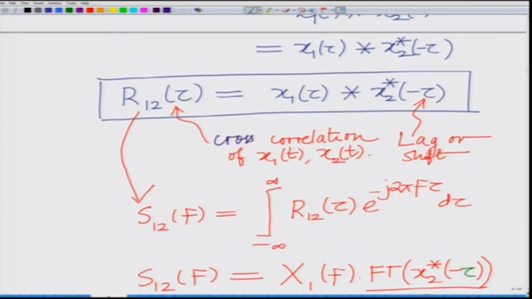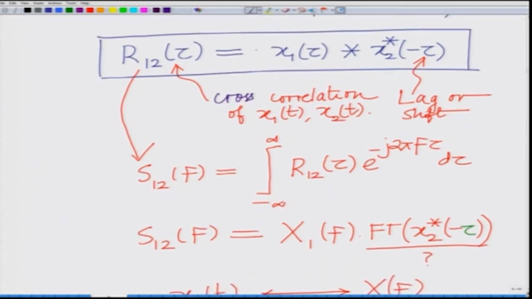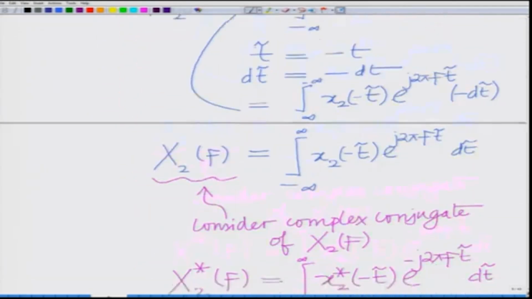We are considering two different signals x1(t) and x2(t), and R12(tau) denotes the cross correlation between x1(t) and x2(t) for a lag of tau.